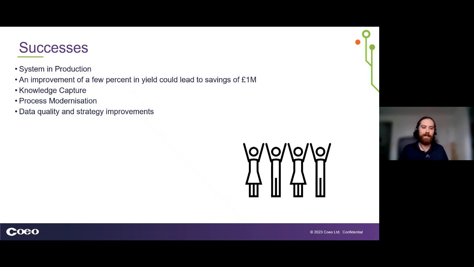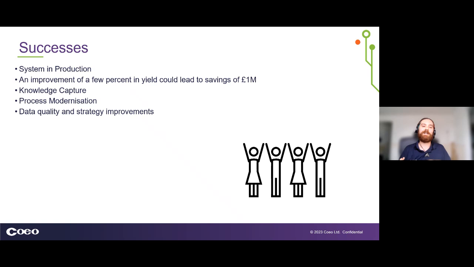And obviously the final one here is improvements in data quality as well as data capture, and just giving the business a better understanding of what data they have available, how they're capturing it, and also the quality of it, because in a lot of instances, and this is no different, not everything that is useful is always captured, and if it is captured, unless it's being specifically used by someone, the quality isn't always that great.